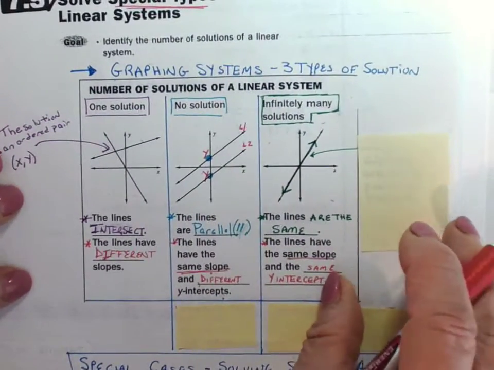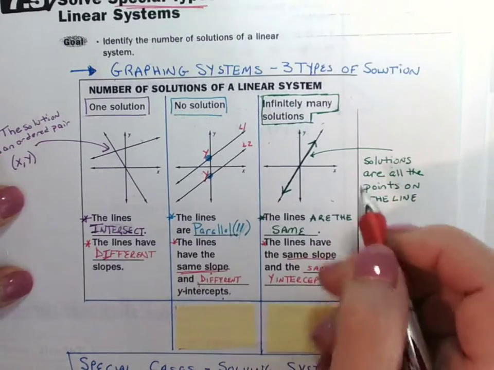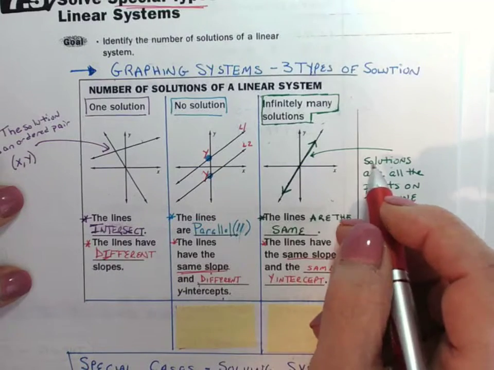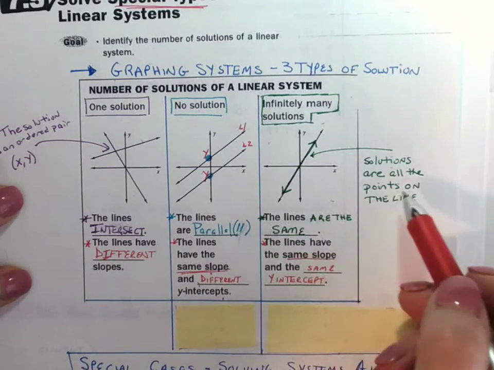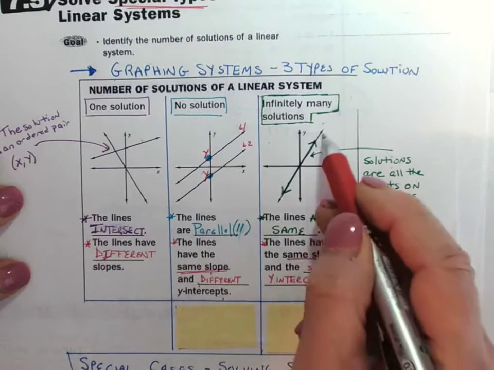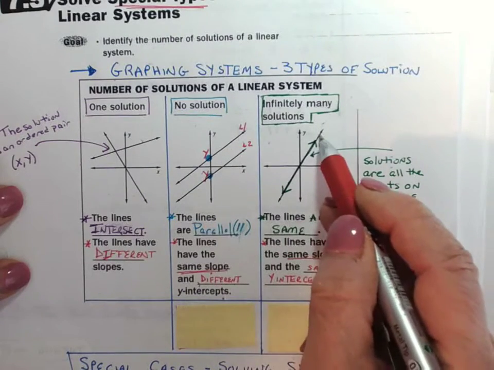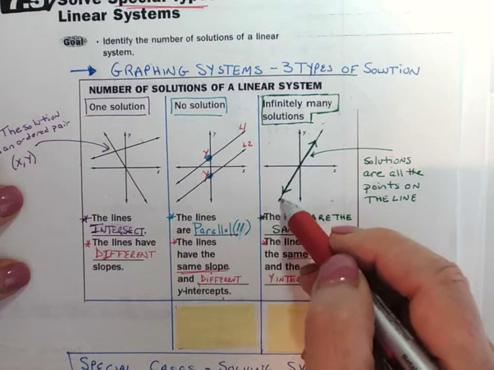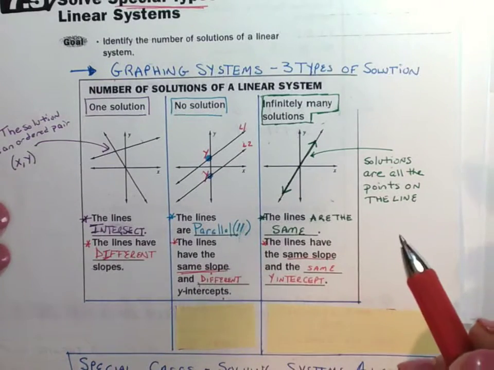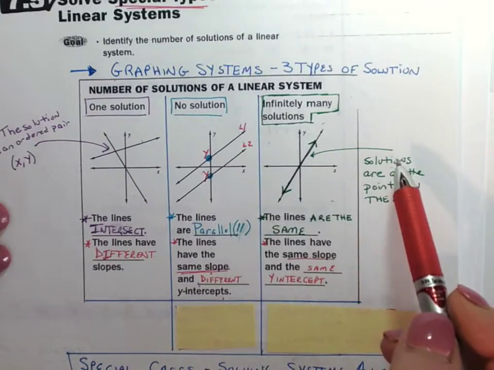So it's important to know that this solution is not all real numbers. The solutions are all the points on the line. There's an infinite number of points on this line. So that's a review of determining the 3 types of solutions.